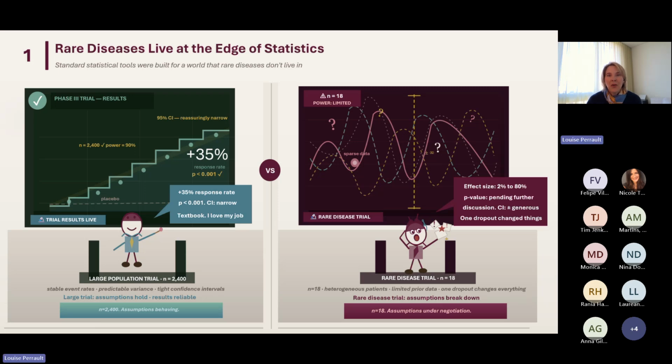In rare disease, though, it is a completely different world. Sometimes you have 30 patients, sometimes even fewer. The patients vary a lot from one to the next. There's lots of heterogeneity, and more often than not, you do not have much historical data to go on.